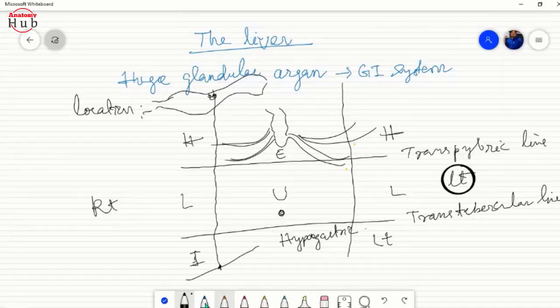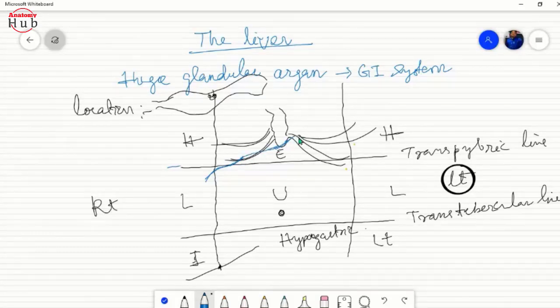Now we'll see the position of the liver, right? So actually the liver covers the right lumbar region, and it covers the epigastric region.